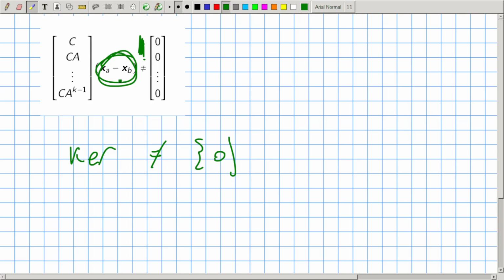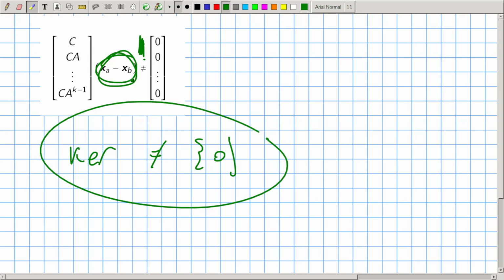The fact that the kernel is different from the trivial one means that somehow we have 0 as an eigenvalue of this matrix, assuming it's a kind of square matrix. Here the notation is a bit wrong. I should have put this one, but it's a kind of similar thing.